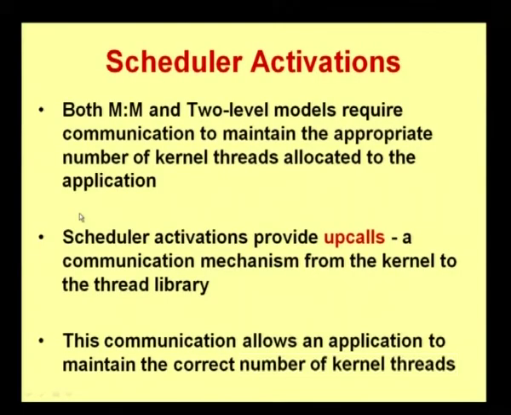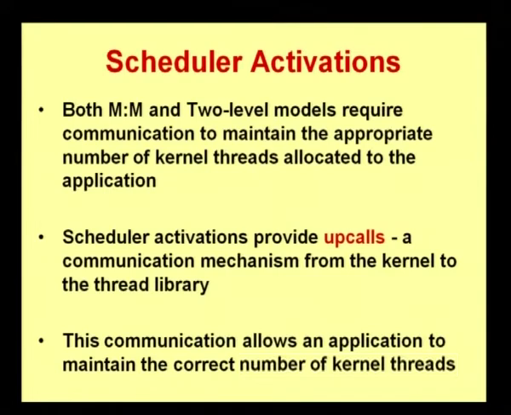How this mapping of threads between the user and the kernel takes place is called scheduler activation. So the points are: both many-to-many and two-level models require communication to maintain the appropriate number of kernel threads allocated to the application. The scheduler activations provide upcalls. What is an upcall? An upcall is a communication that you receive from the kernel through the thread library.